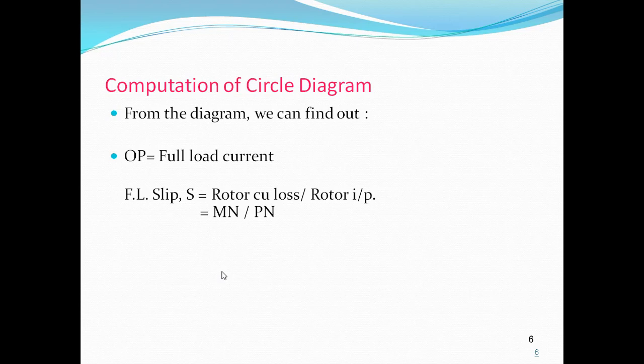And next, OP represents the full load current, and slip is equal to MN by PN. Note down these two formulas. So OP is the full load current.